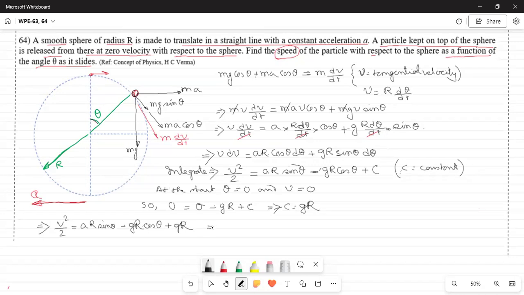From here we get V square is equal to, 2 will come on the right hand side, and we take R common because there is R in all the three terms. V square is equal to 2R multiplied by A sin theta plus G minus G cos theta.